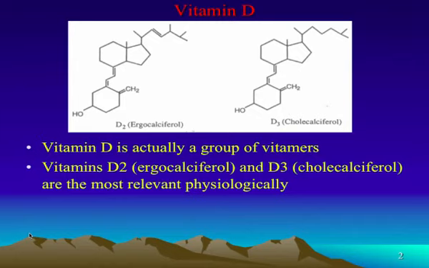Look at the difference. Can you see any differences? There's D2. Yeah, up here, double bond here. Not one here. And where else? Oh, here? Yeah, so we have a little bit different side chain, double bond.